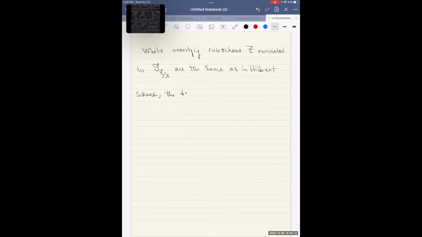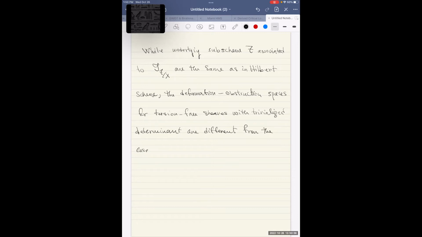The deformation and obstruction spaces for torsion-free sheaves with trivialized determinant are different from the case of the Hilbert scheme. And this is a very important fact.